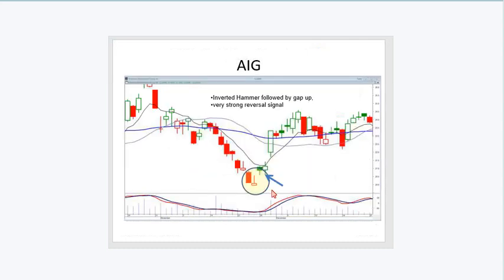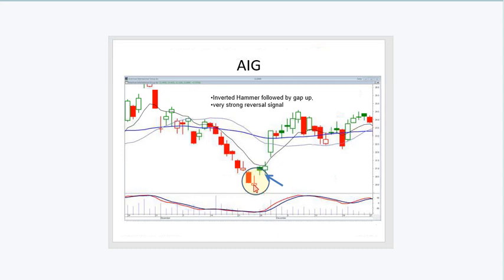There's your inverted hammer in the oversold area. Now, the inverted hammer is one of the 12 major signals. It's probably the least frequent of the 12 major signals. But it's got probably the highest probability as far as producing results. And there's nothing official on that other than my experience of trading them for the last 40 years, somewhere around that.